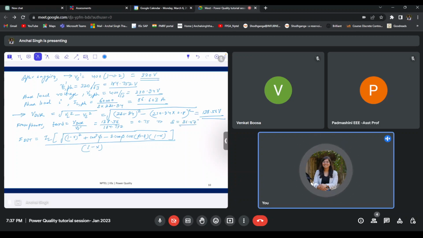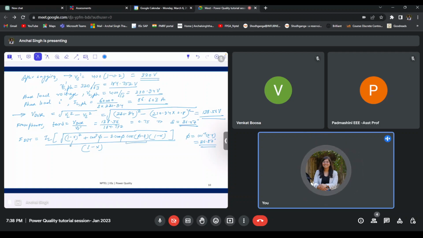And now I know that my phi is already cos inverse 0.8, which is again 36.87 degrees. So in this equation, if I put all the values, this equation will become cos 0 as 1.